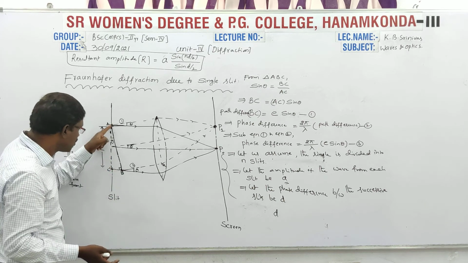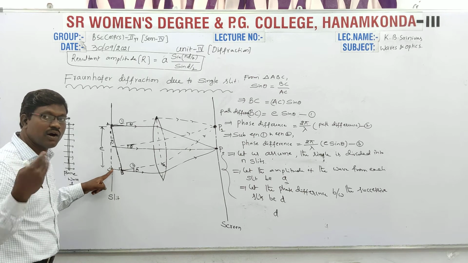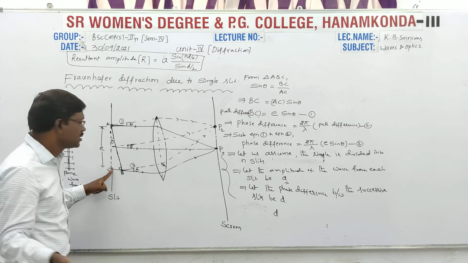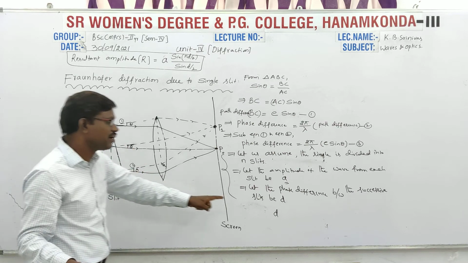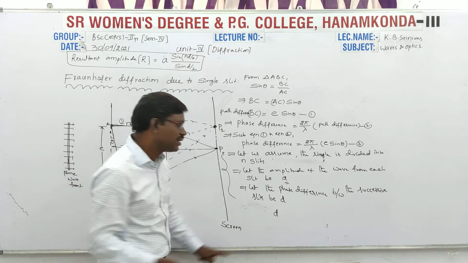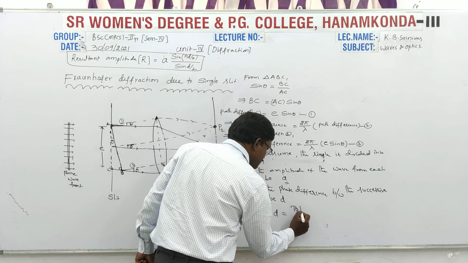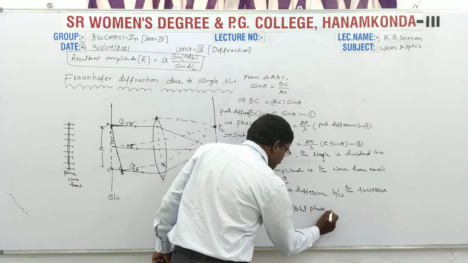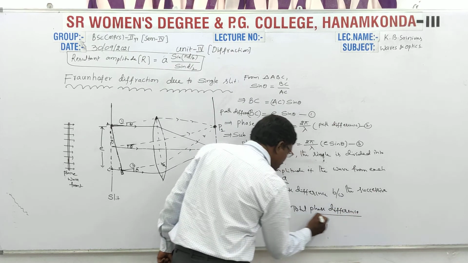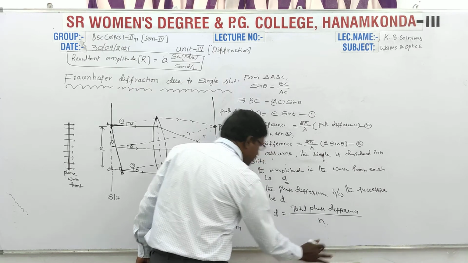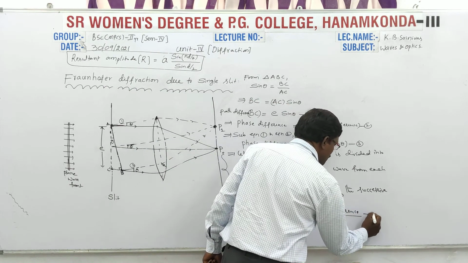That is why the total phase difference is also divided into n parts. So the phase difference between each part, which I assumed as d, is equal to the total phase difference divided into n parts. Let this be equation number 4.